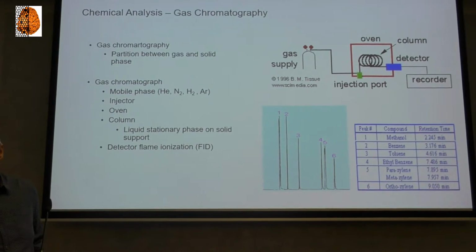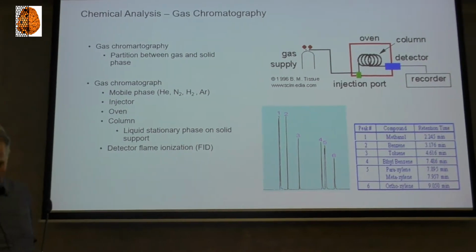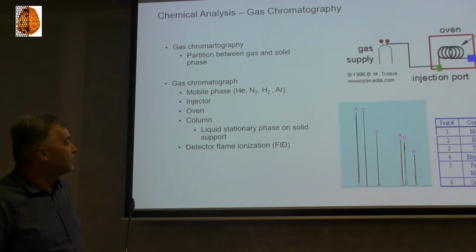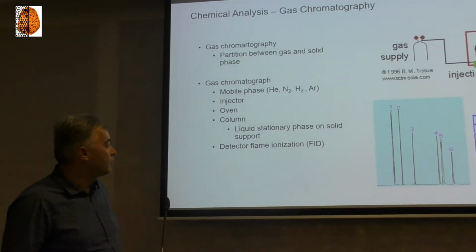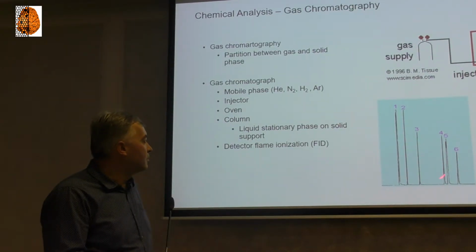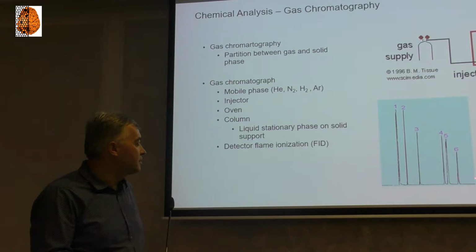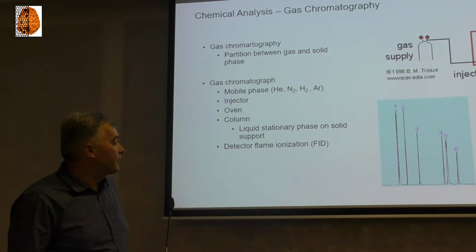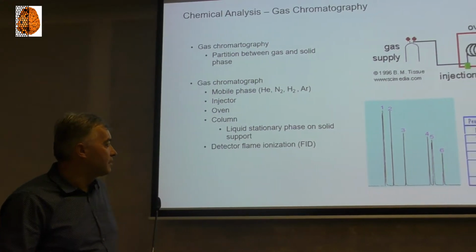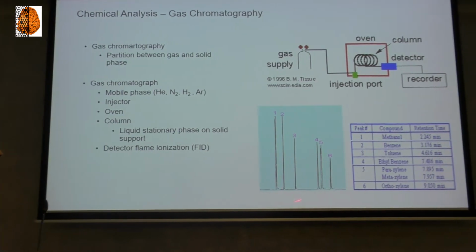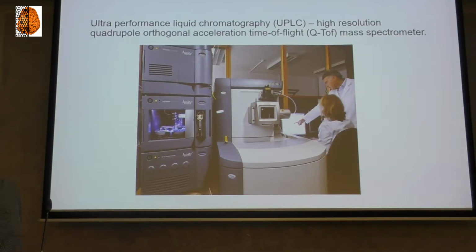After separation, separated compounds are formed on a detector, and the chromatogram is presented here. This is a general chromatogram of separation of solvents, but the same happens also for cannabinoids.